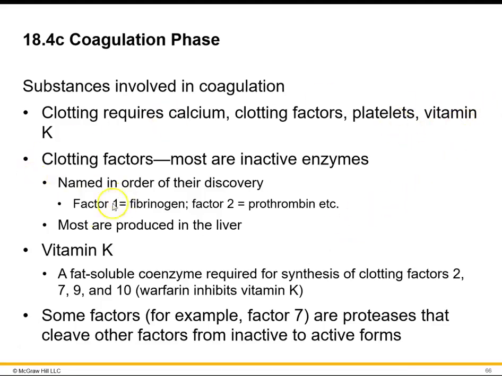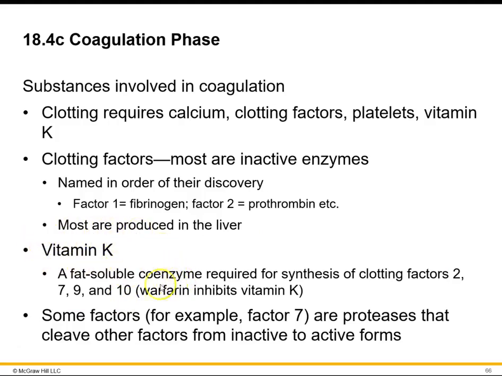Most of these clotting factors are produced in the liver. This is one reason why people who have liver disease have bleeding disorders. And then you need vitamin K for several of those clotting factors, in particular factors 2, 7, 9, and 10. So 4 of those clotting factors require vitamin K in order to work.